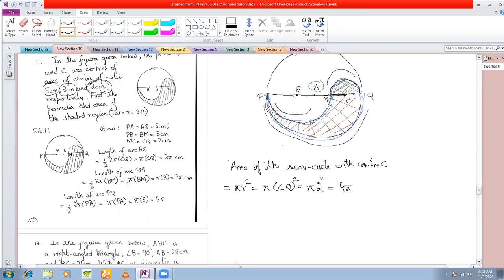Next, what is the area of the shaded region that is here, that is apart from this semicircle?